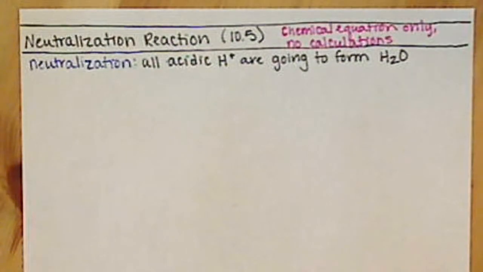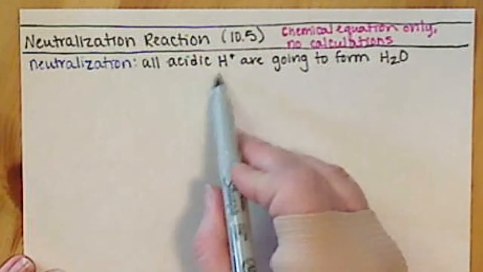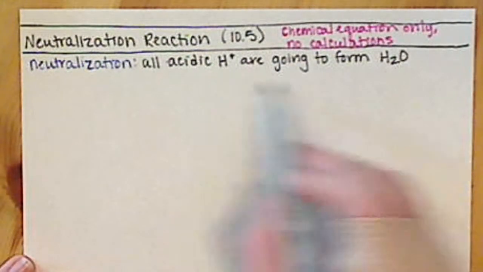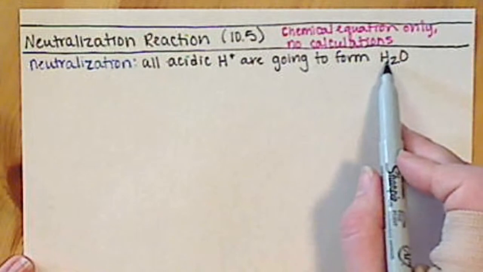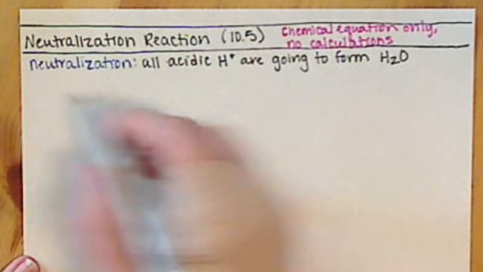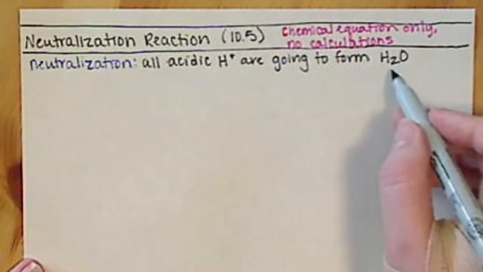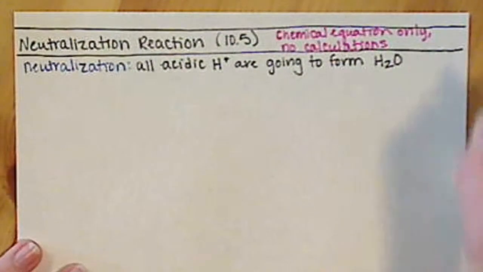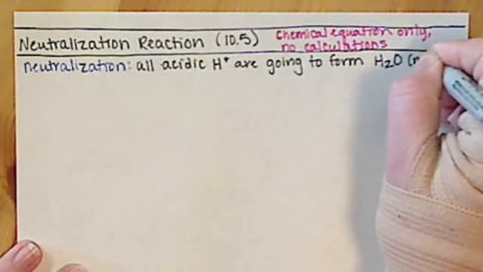Obviously we have to get oxygen, and we'll talk about where that comes from. But all of these acidic protons are going to contribute to preparing water. It's neutralization because water, if that's our product, is neutral.